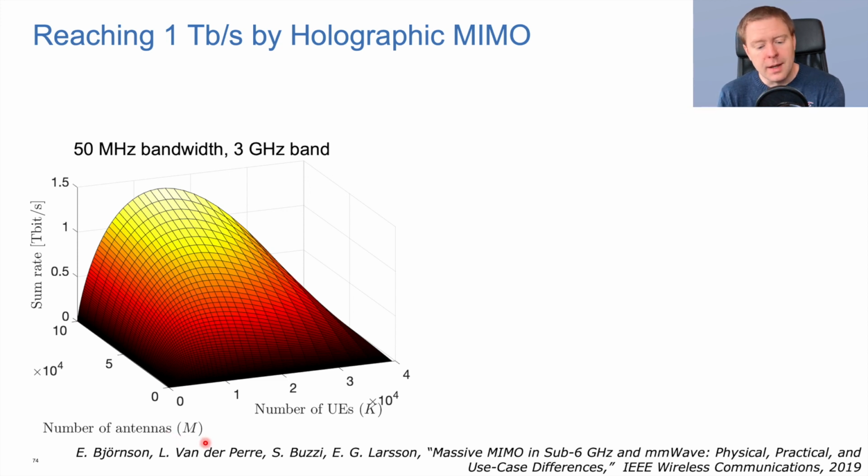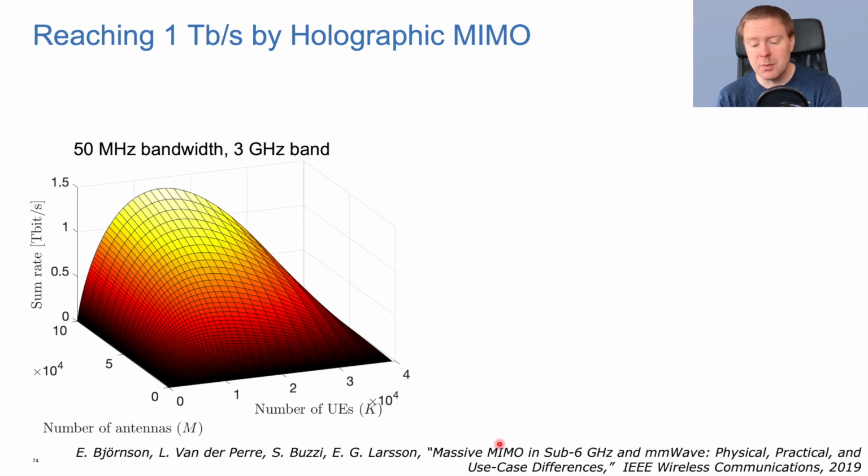Then, if we have a number of users from 0 up to, say, 40,000 users, or we have a number of antennas from 0 up to 10 times 100,000, then, as we increase the number of antennas, the sum rate in terabits per second goes up. And as we increase the number of users up to a certain point, we also have a sum rate that is going up. So one can, in the 50 megahertz band, serve a lot of users using many antennas.